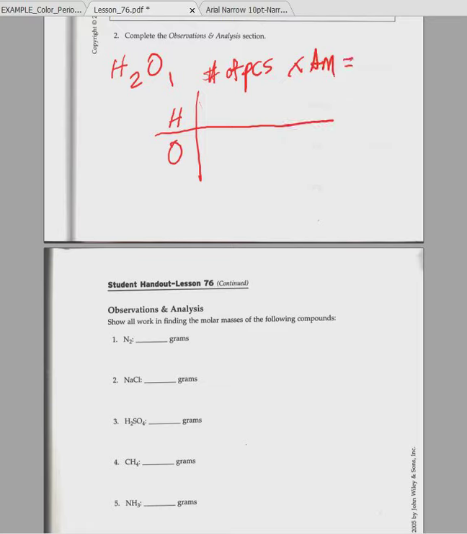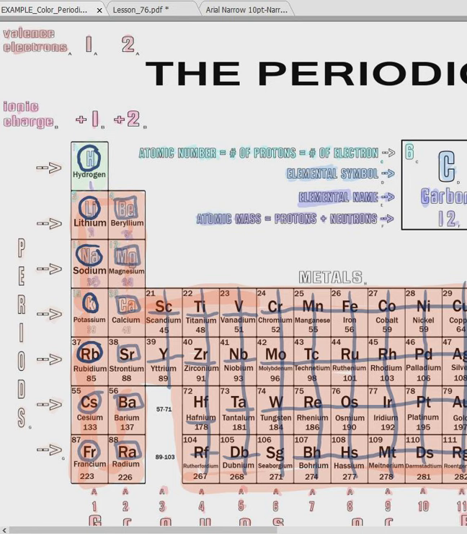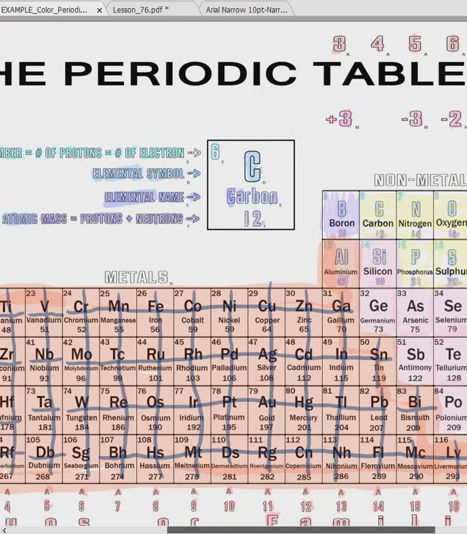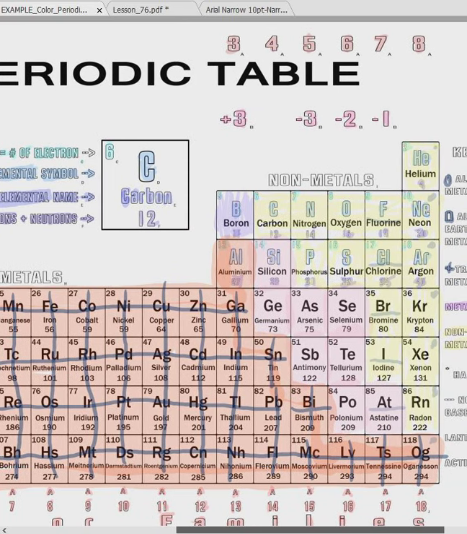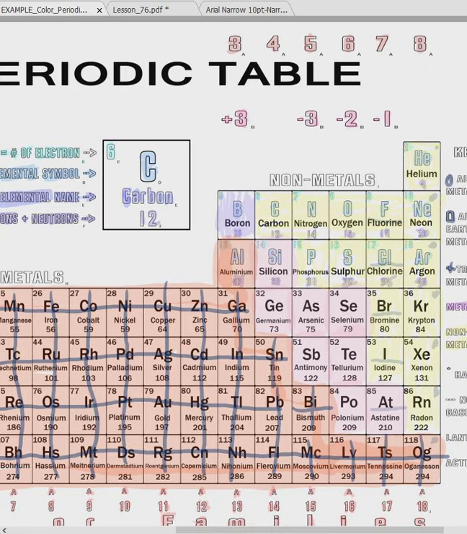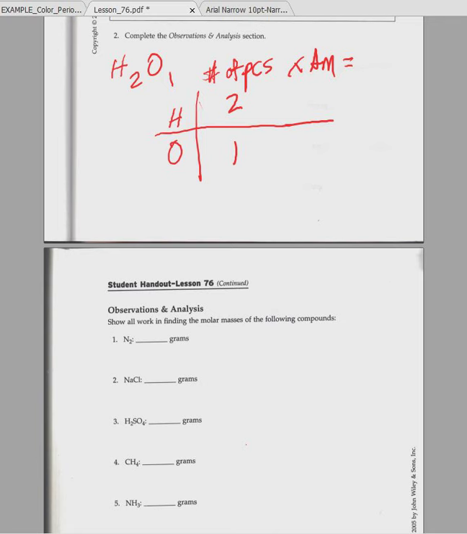So the number of pieces of hydrogen in H2O is 2. The number of pieces of oxygen in H2O is 1. If we go to our periodic table, we find that the atomic mass of hydrogen is 1 and the atomic mass of oxygen is 16.